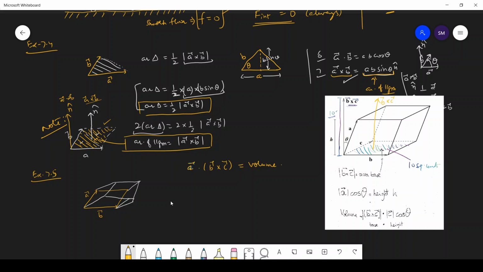That's what we need to prove. In this figure we have considered a parallelepiped having the three non-coplanar vectors A, B and C, meeting as edges at point O. We consider OA as vector A, OB as vector B and OC as vector C. A similar figure is drawn in the SL also, at page 7.69.